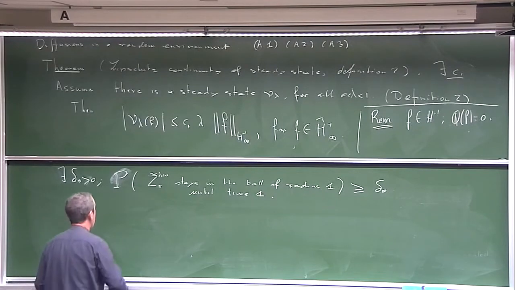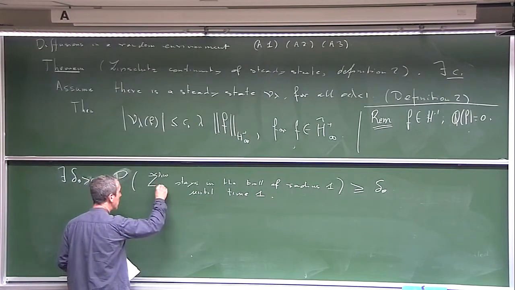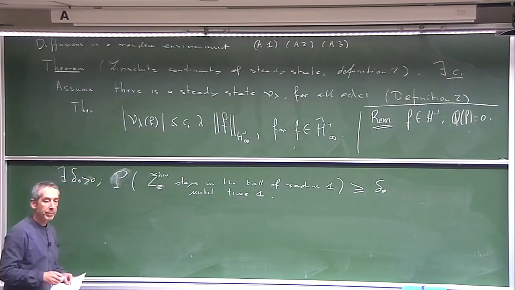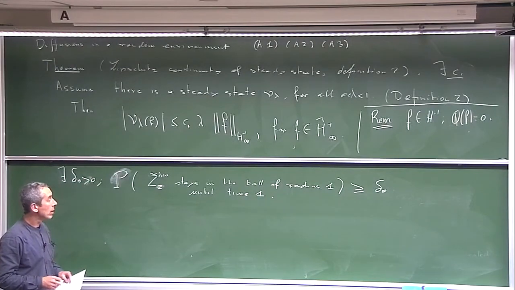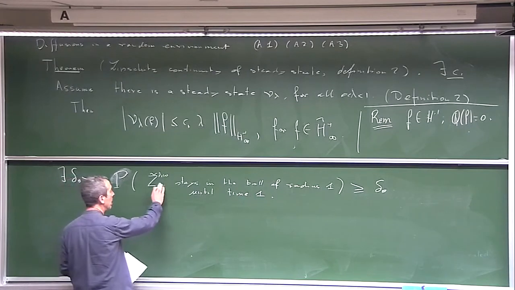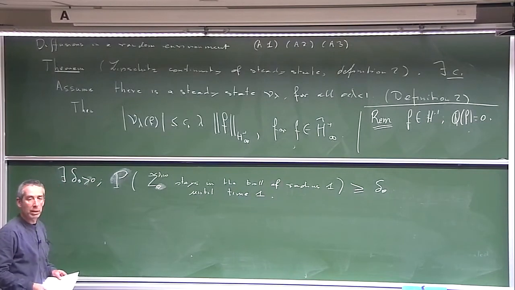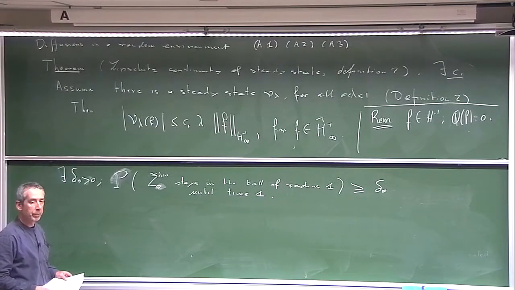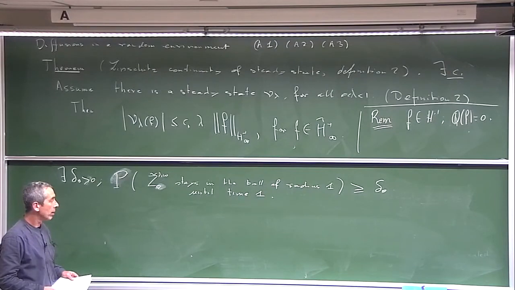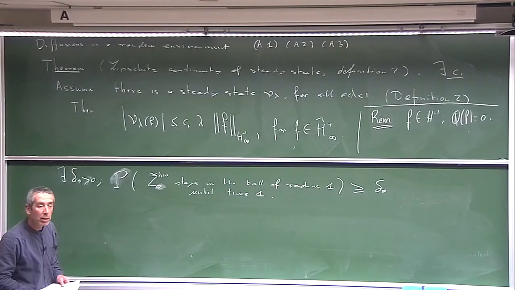The starting point, for this estimate, can be 0, for instance. I think 0 is enough. But you said that there is a delta 0, uniformly with respect to lambda, omega?